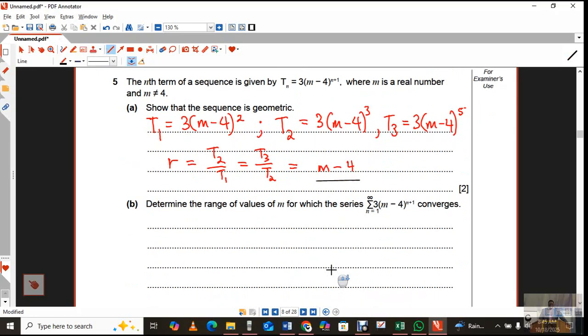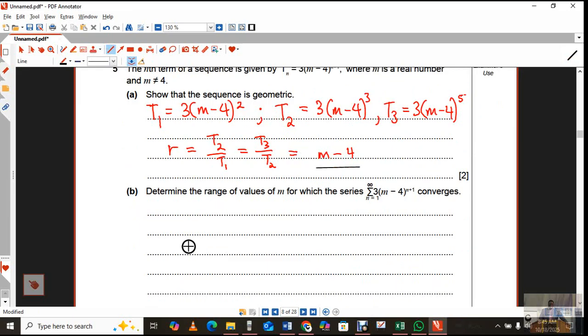Right, they now say determine the range of the geometric sequence. So what do we have? We know that the first term, which we're going to represent by the letter a, is 3 times (m minus 4) squared. What else do we know? We also know that r is equal to m minus 4.